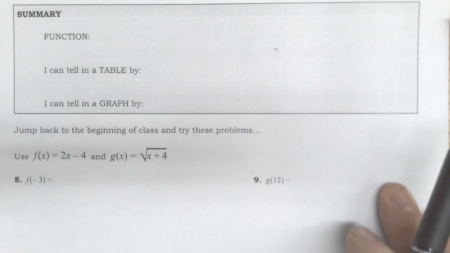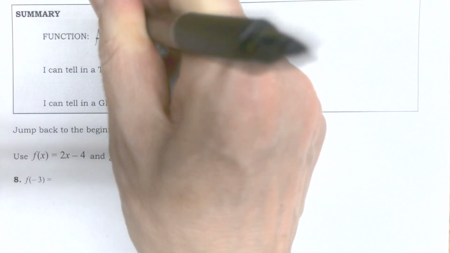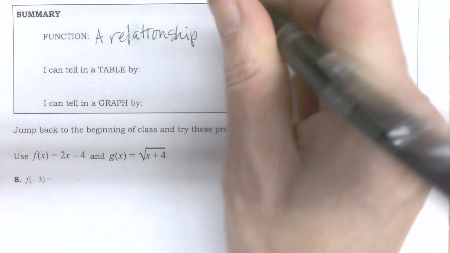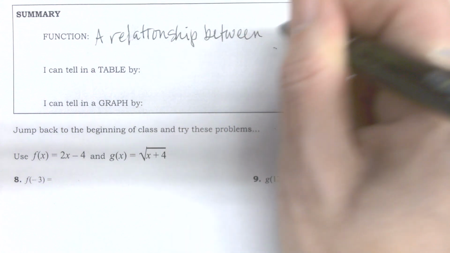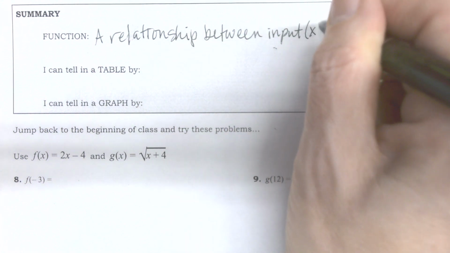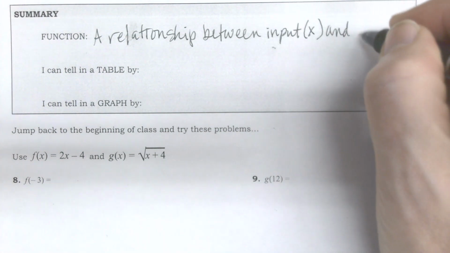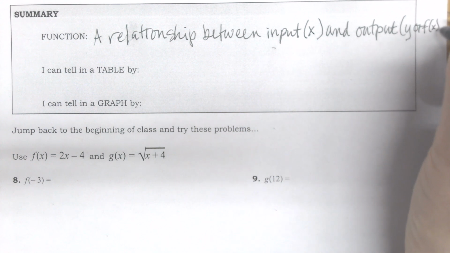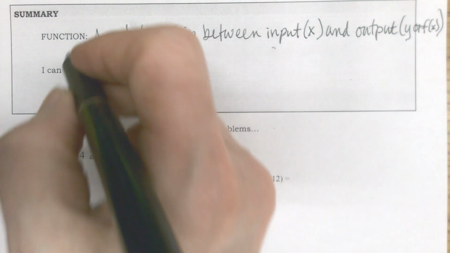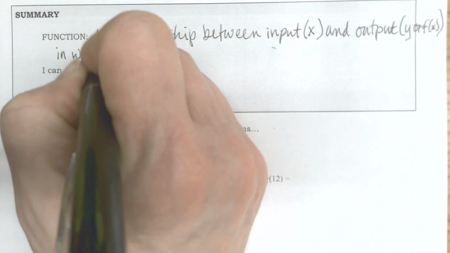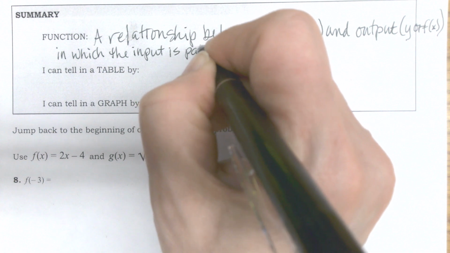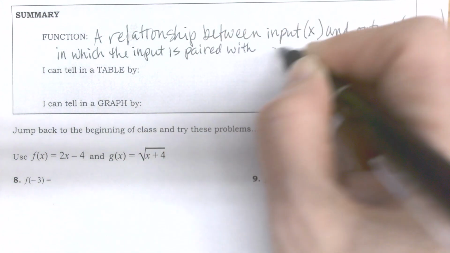Function. What is it? A relationship between input, typically x, and output, typically y or f of x, in which the input is paired with exactly one output.